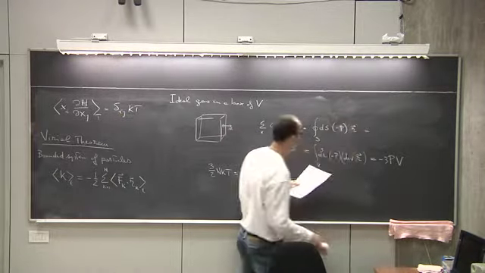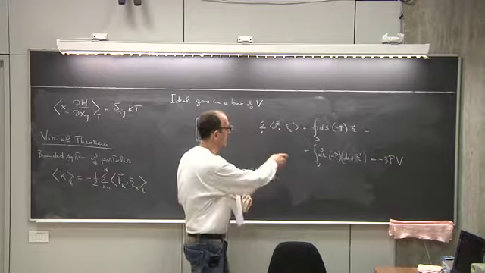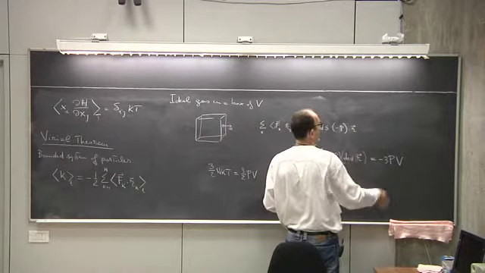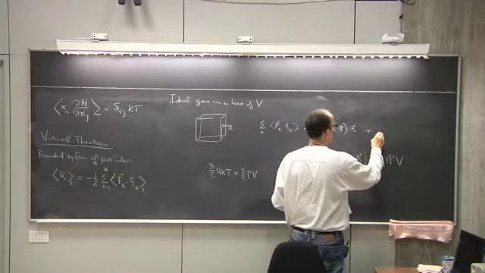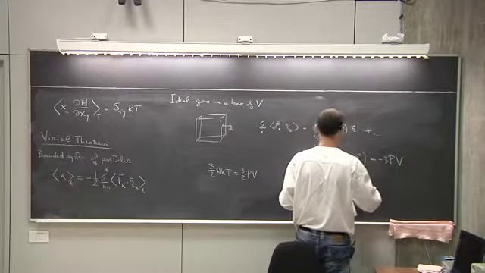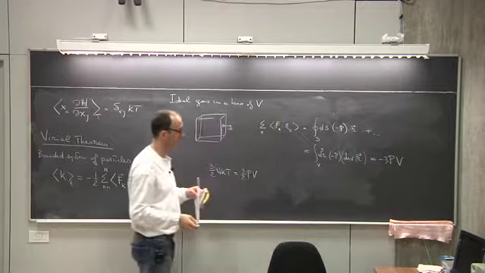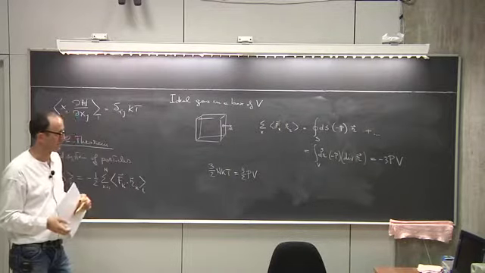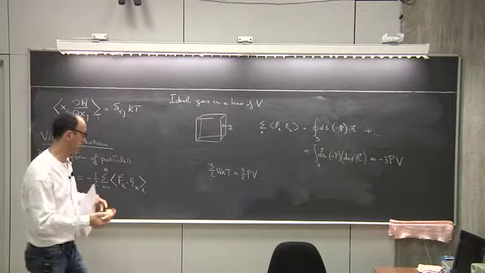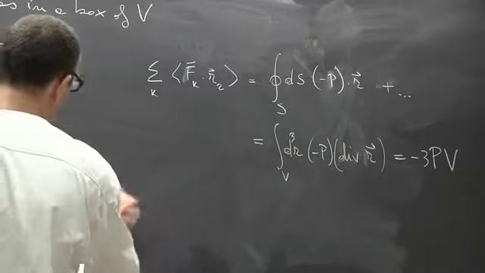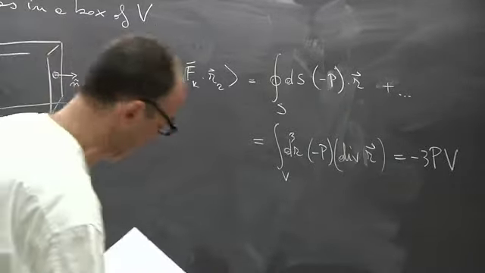This is a volume contribution, so there will be another term which you have to add here. It is not particularly difficult to compute, but let me just give you the result.